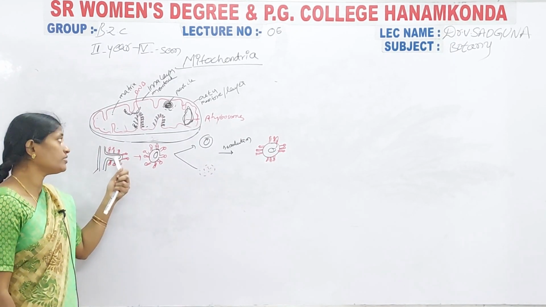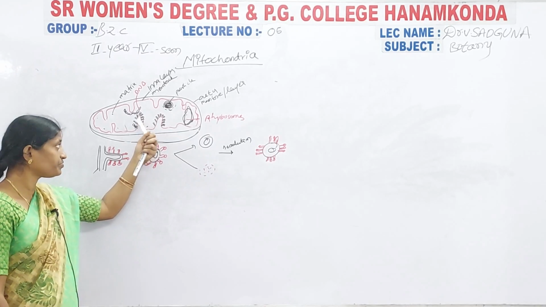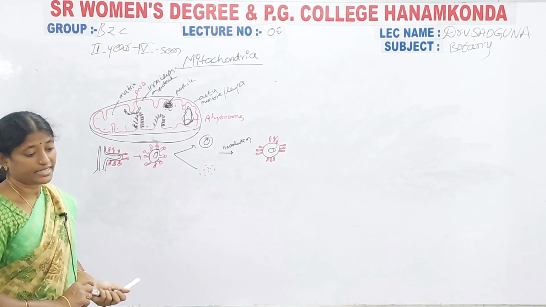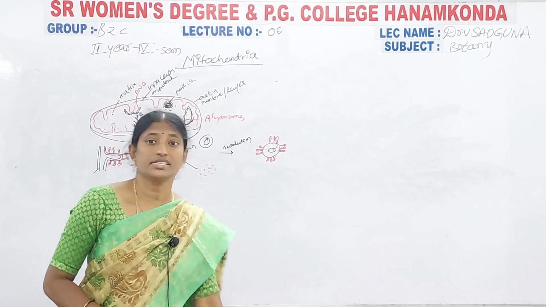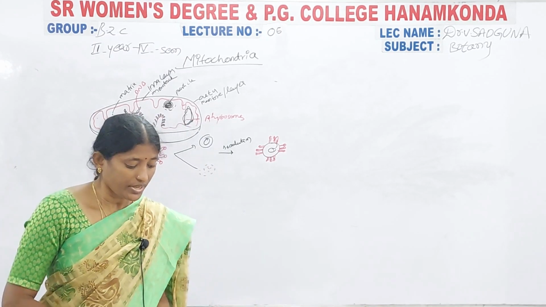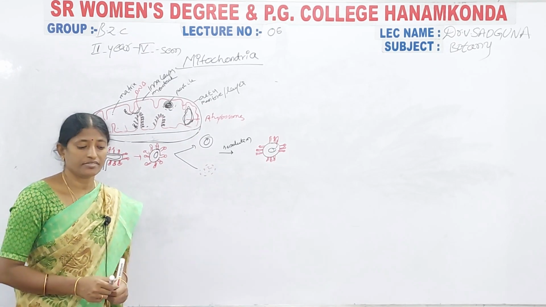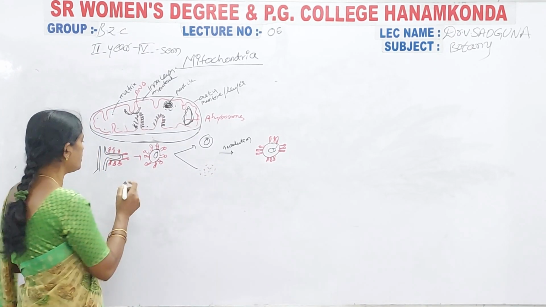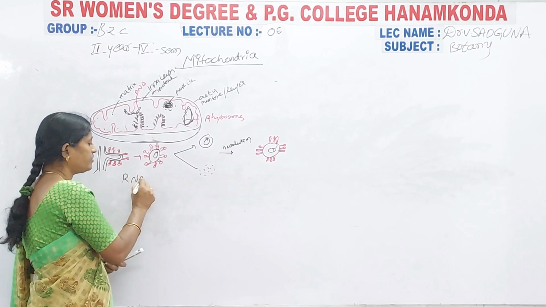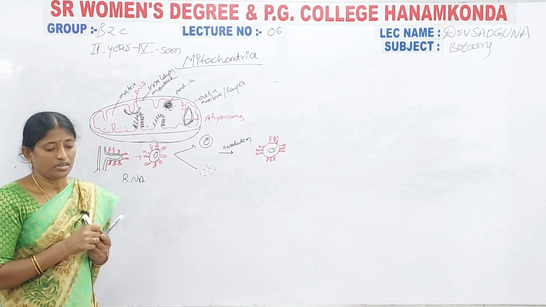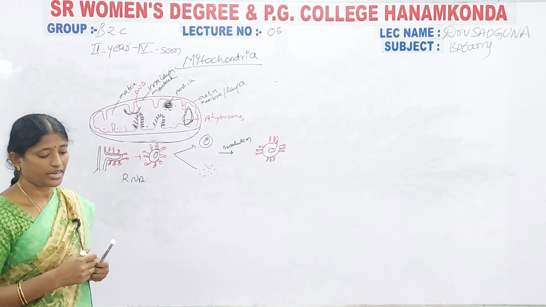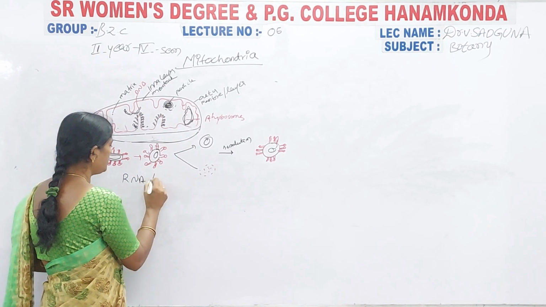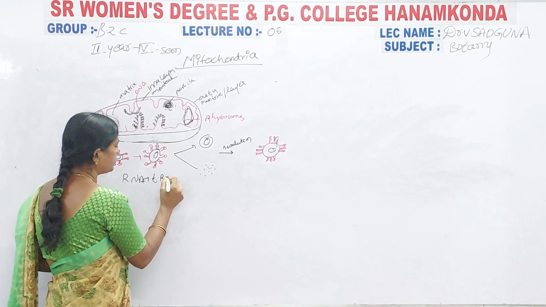Then it takes place in the mitochondrial cristae. Then it is in a different type of structure, in the small part of the RNAs and DNAs. So here it is DNA and RNA. The RNA here is tRNA, at the same time polymerase RNA. tRNA, it is in the tRNA.